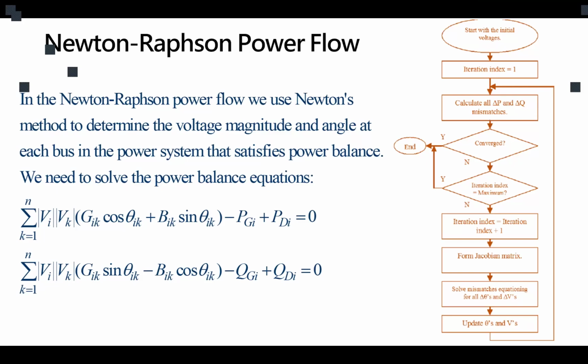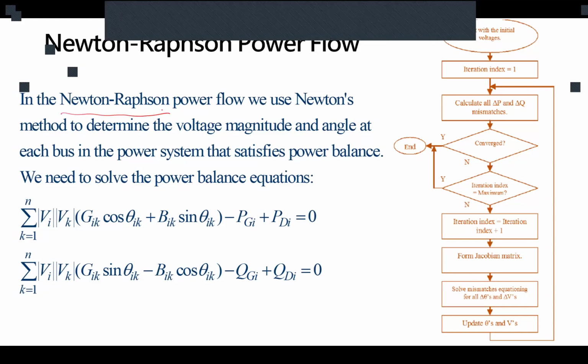One of the basic numerical methods for solving such a problem is the Newton-Raphson method. Basically we use the Newton-Raphson method to analyze that matrix function, I equals admittance times V.